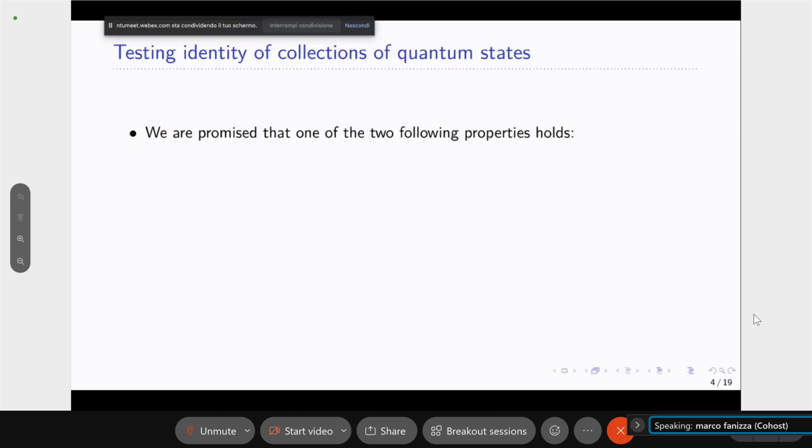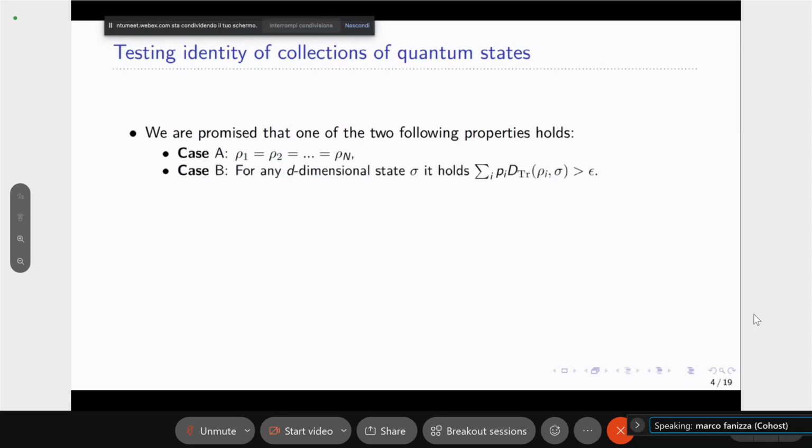Let me be a bit more formal on the problem we want to address. So we are promised that one of the two following properties holds. Either we are in case A, where all the states of the collection are equal, or we are in case B. That is, for any d-dimensional state sigma, it holds that the average of the trace distance between the states of the collection and sigma is larger than epsilon.